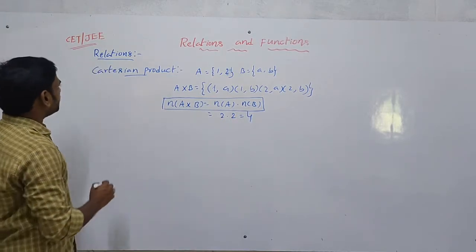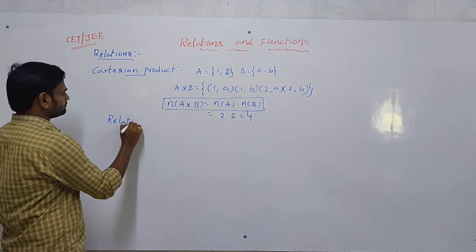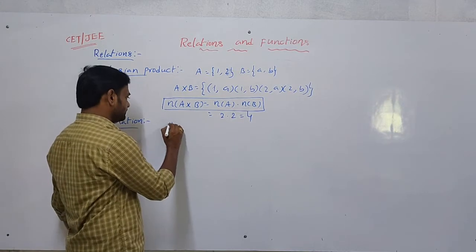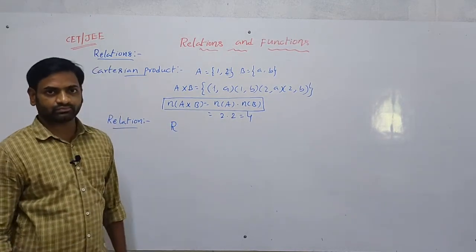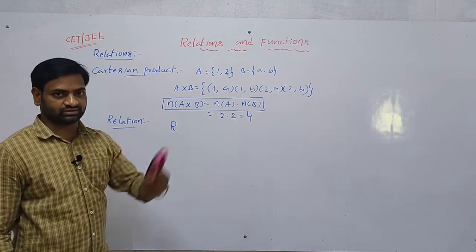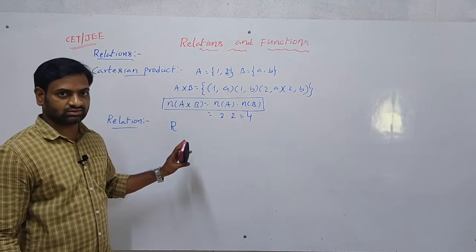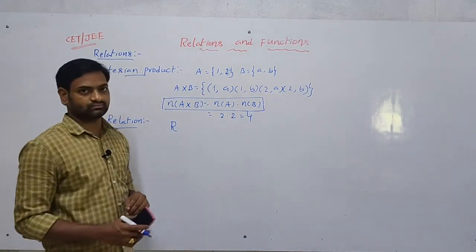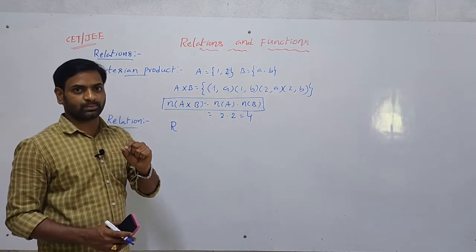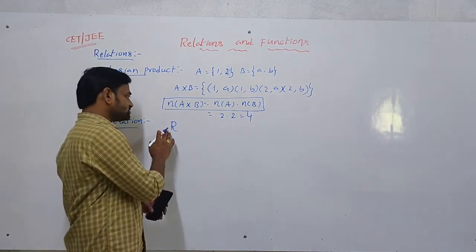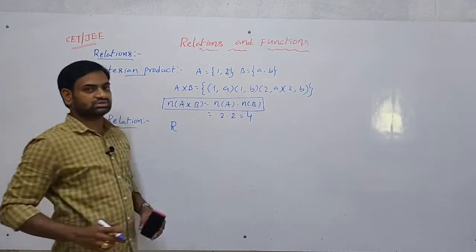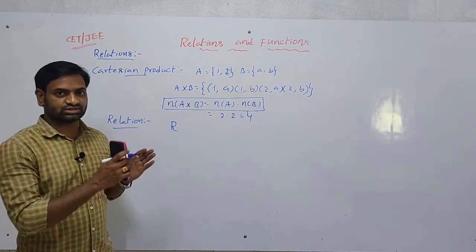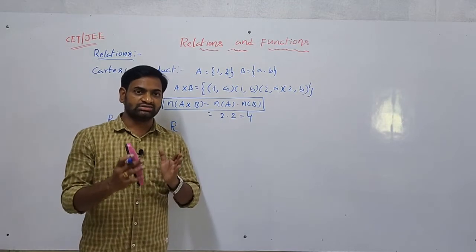Next, what is meant by relation? Relation is indicated by capital R. The real numbers R is different, that is not this R. Here it is the relation, denoted by capital R. This relation is a subset of the Cartesian product.